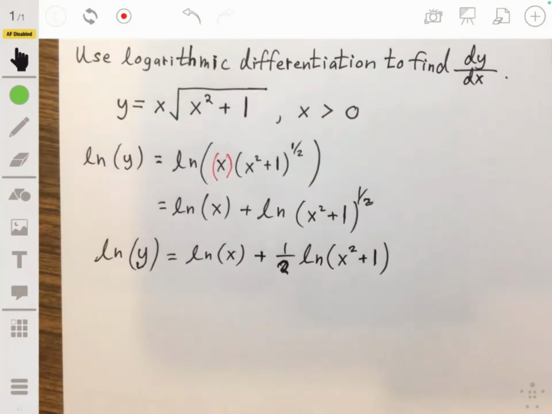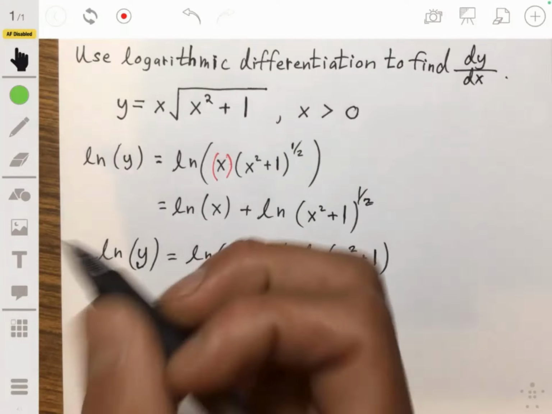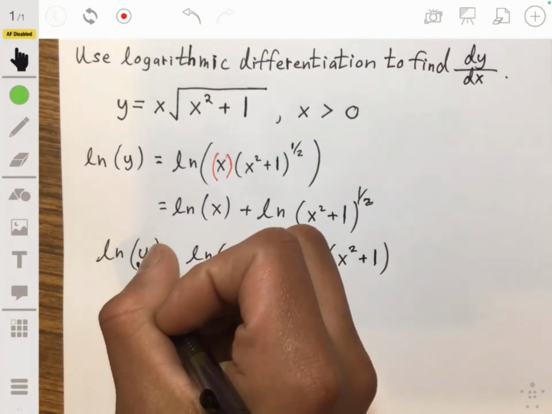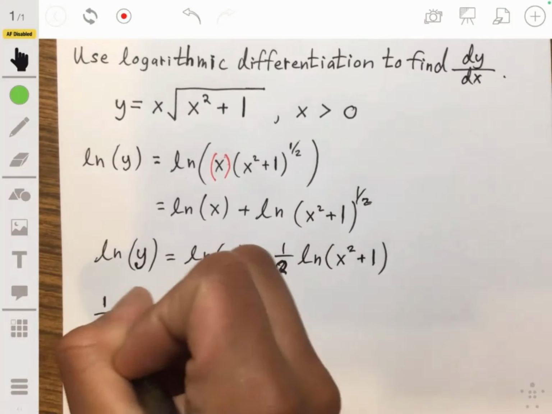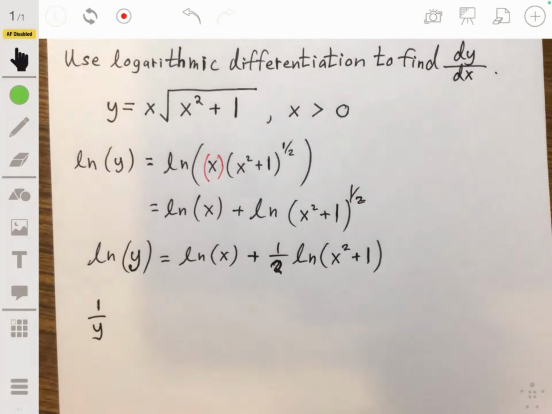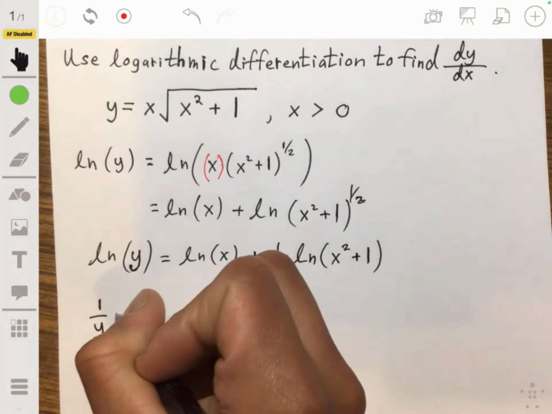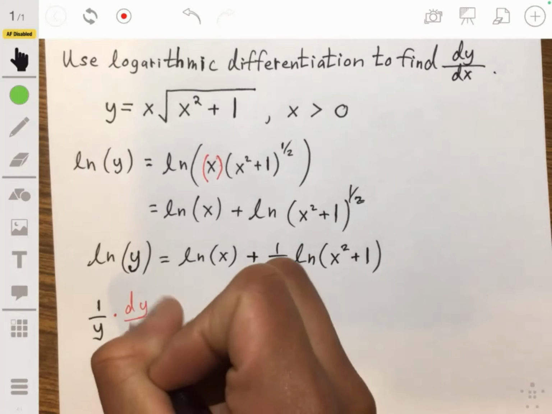Okay, so now let's take the derivative of both sides. On the left, we're going to use implicit differentiation. So we're going to have 1 over y times dy dx.